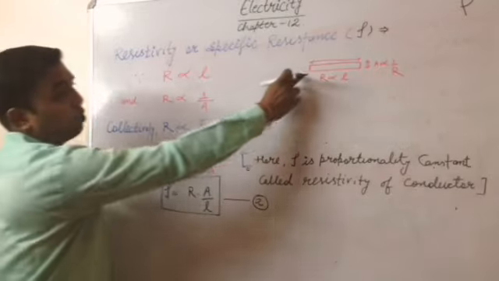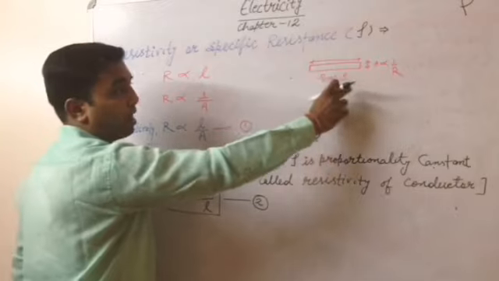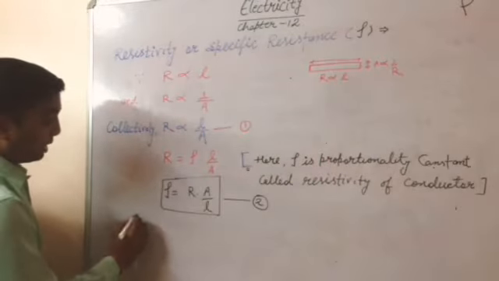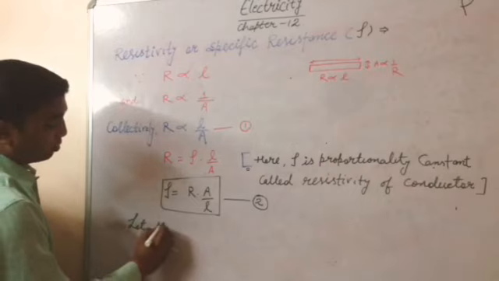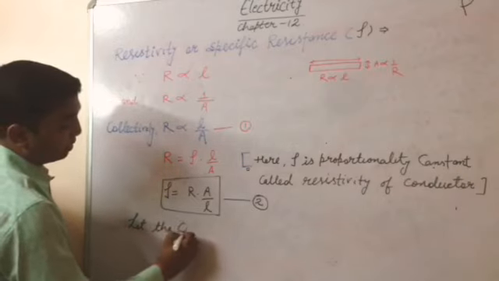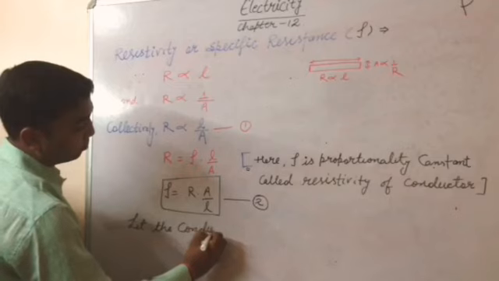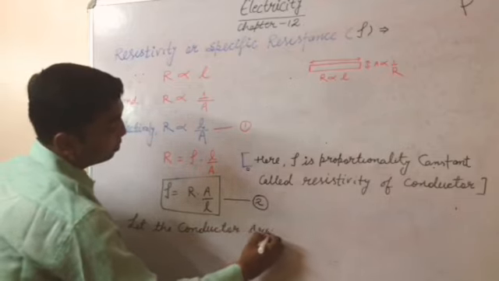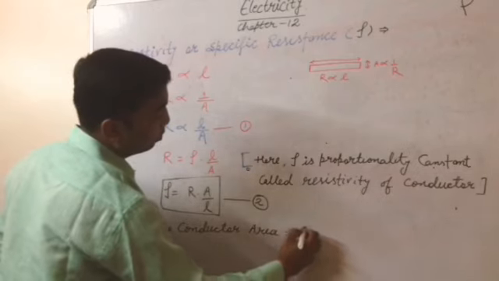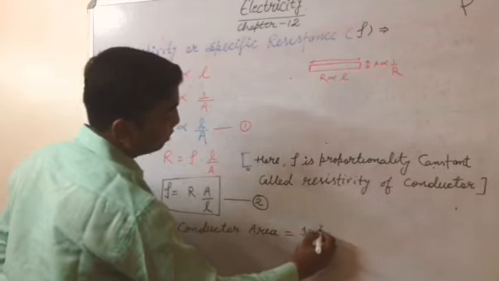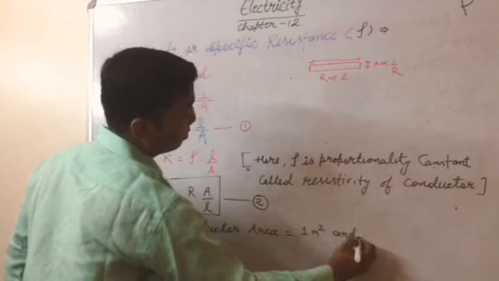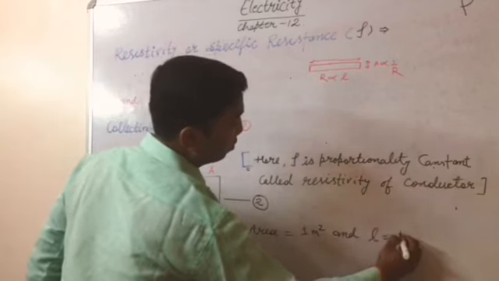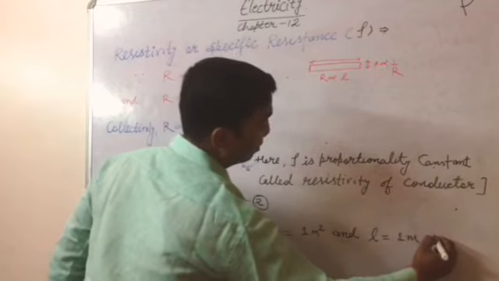So the wire that you have taken, suppose the wire, here we will write, let the conductor have area equal to 1 meter square and length L equal to 1 meter.